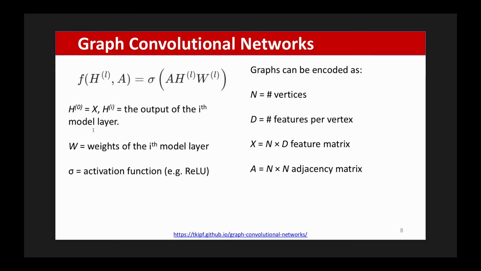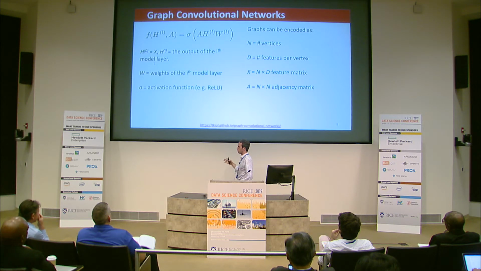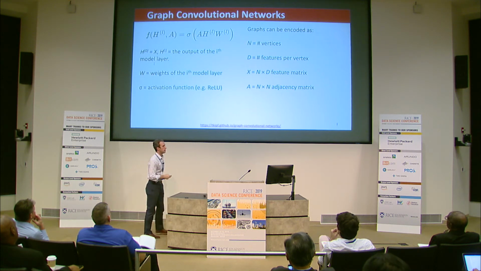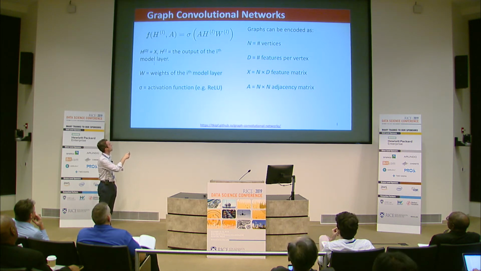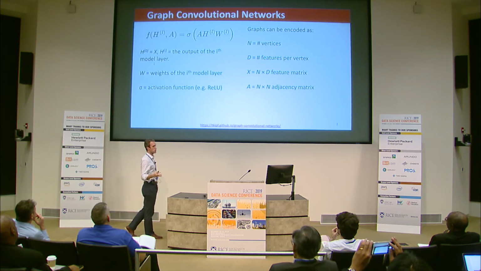In a really simple graph convolutional network, a fully connected graph network, you can represent that with this pretty simple equation, and chain it together in multiple layers like you would a regular fully connected deep neural network. What this equation says is that to compute the output of a single layer, I'm going to apply a sigmoid or some nonlinear activation function to A times H of L times W of L. A is my adjacency matrix, which we defined over here to say where all the edges in my graph are.